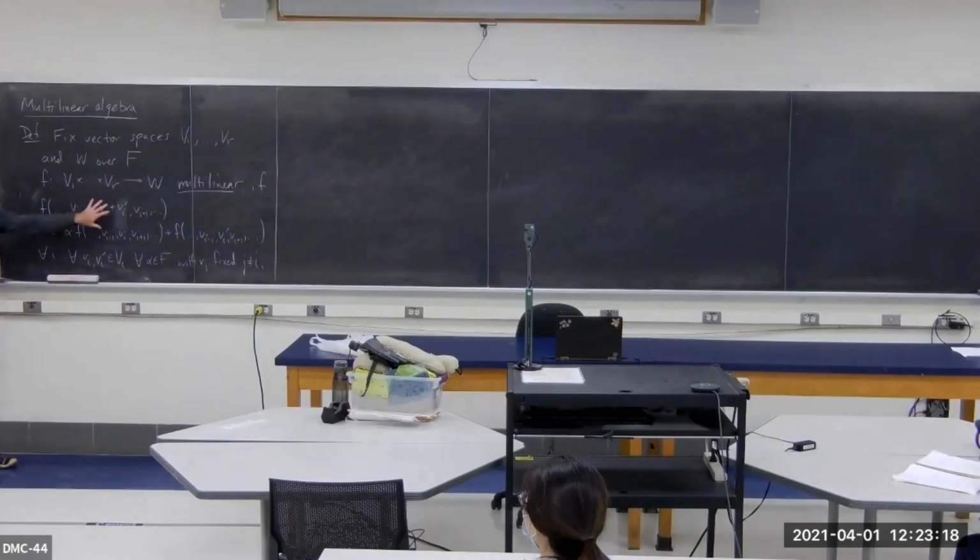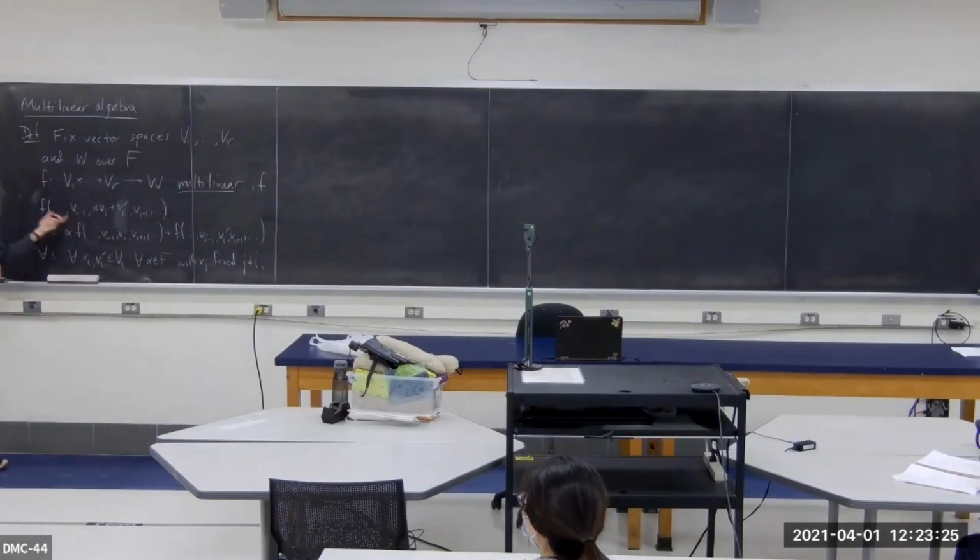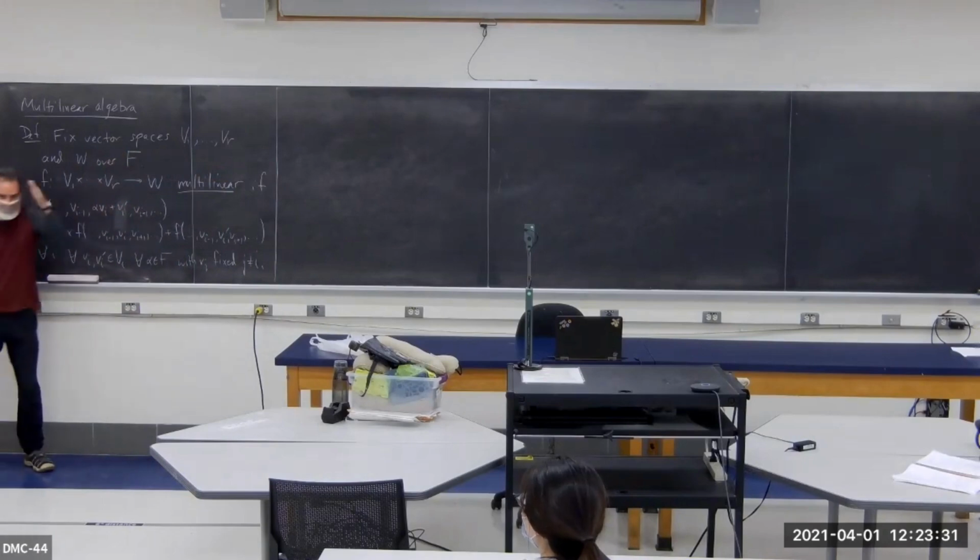Think of this as being, for instance, the determinant, where all the Vi's are equal. You're just listing n vectors in one single vector space, which are going to be the columns of your matrix. Well, you did it by rows, I guess.